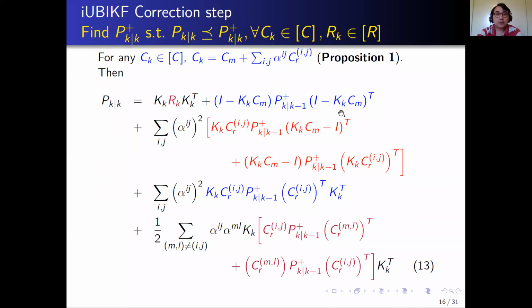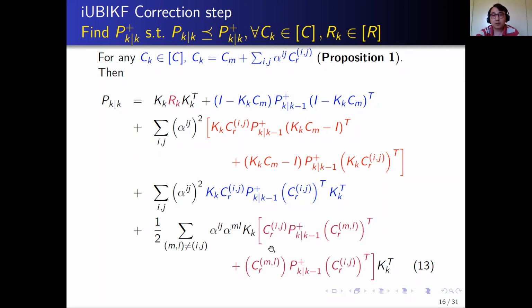The first term in blue here holds. The second term in blue here is upper bounded by a similar form with the coefficient 1. The last term here is upper bounded by a similar form with the coefficient 1.